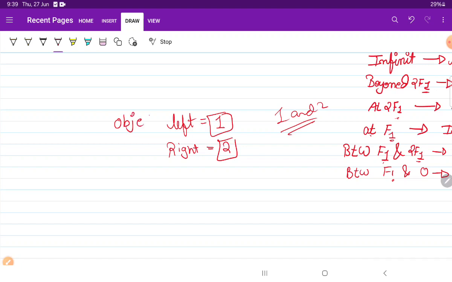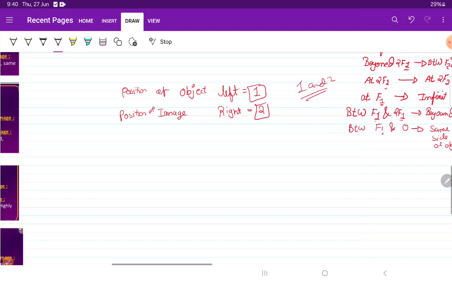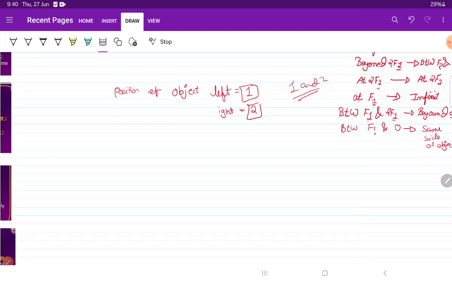Left shows the position of the object, and right side shows the position of the image. Okay, so here is the shortcut tree to remember all the 6 cases. I hope that is clear to you all.